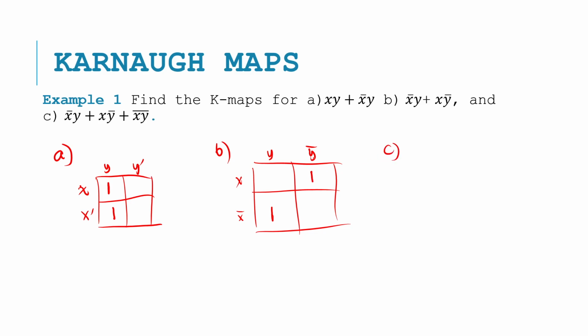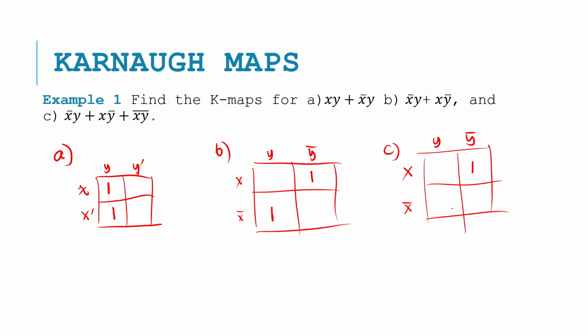For C, we have 3 min terms, so we are expected to see 3 ones on our K-map. For the first min term, x complement y, the intersection is found here, so that's 1 for this cell.